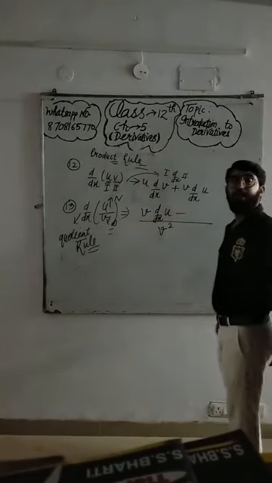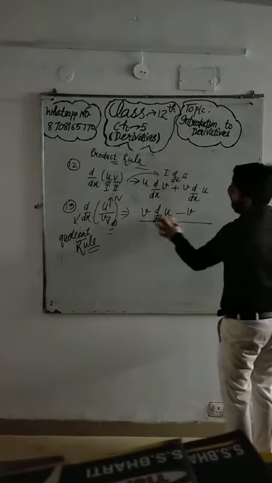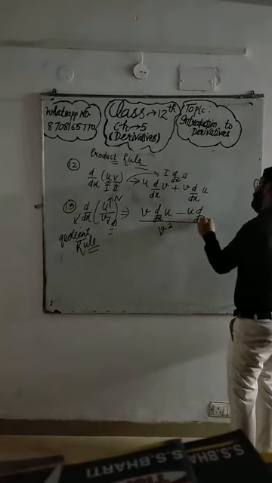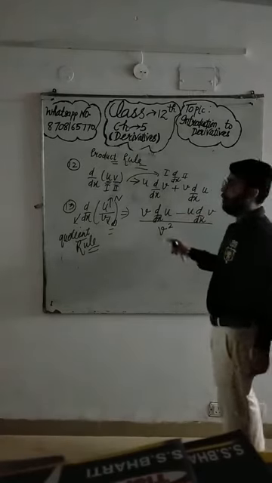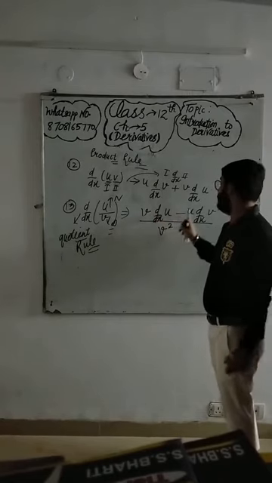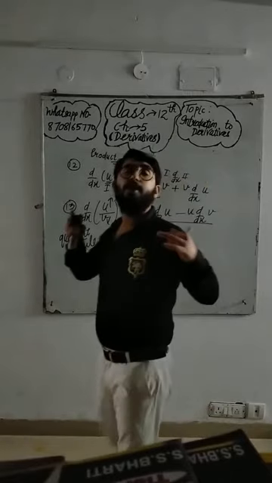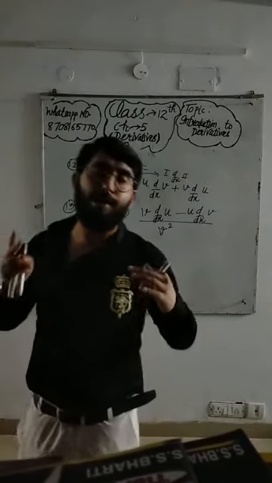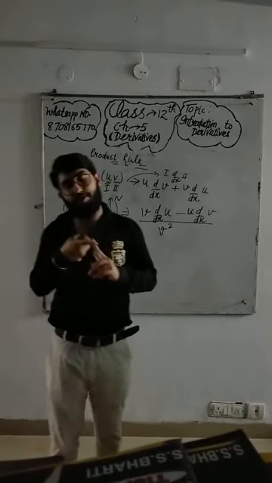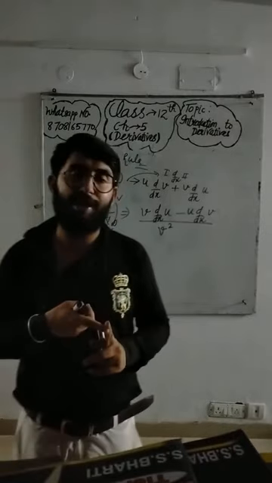Here we have differentiated u. Now u as such and ddx of v. Okay, in the denominator there will be the square of the denominator, and in the numerator, denominator first, derivative of numerator, minus numerator as such, and derivative of denominator.